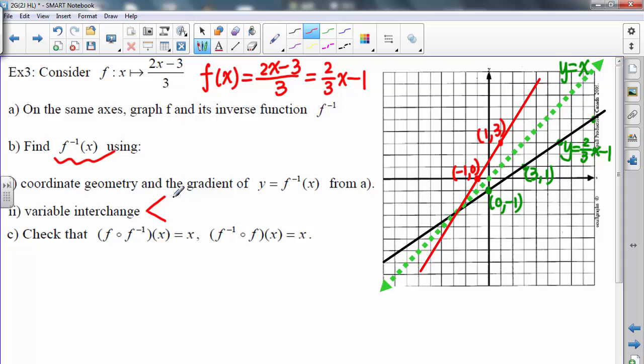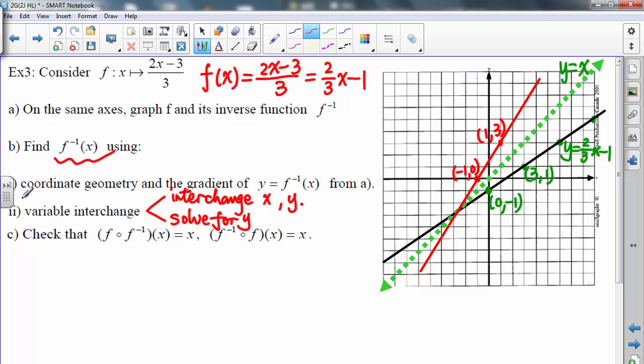Step 1, interchange x and y. Step 2, solve for y. So we want to use the math 10 method to confirm this new method is working for looking for the inverse functions.